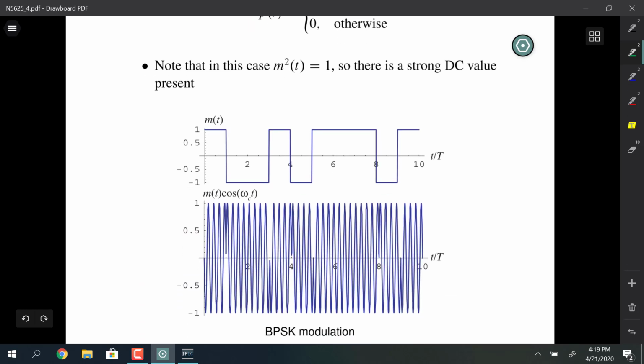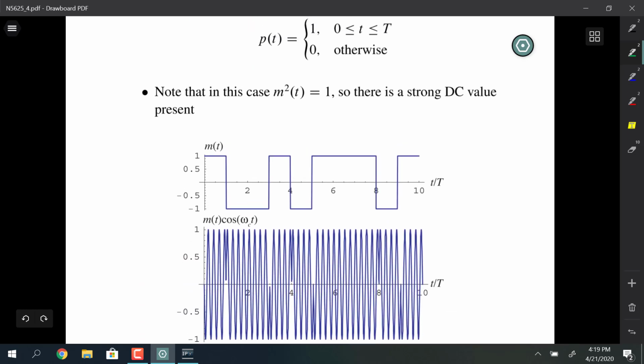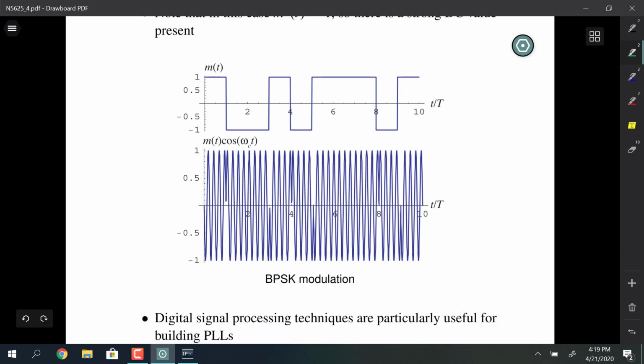And then when you multiply that bit stream, think of bits coming out of a D flip-flop in digital logic with the logic levels adjusted to be plus and minus 1, and then multiply that times a carrier, and then we get 180 degrees of phase shift when the bits change polarity, and this is binary phase shift keying.